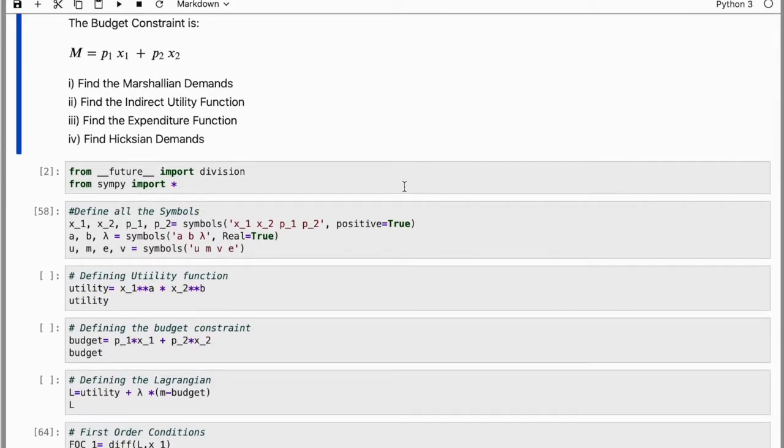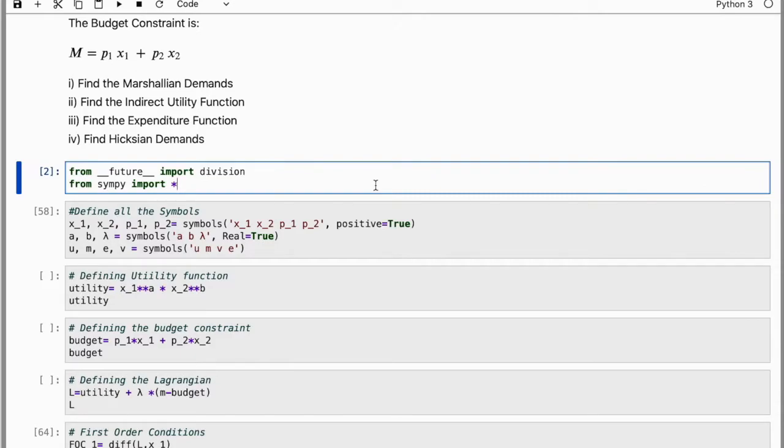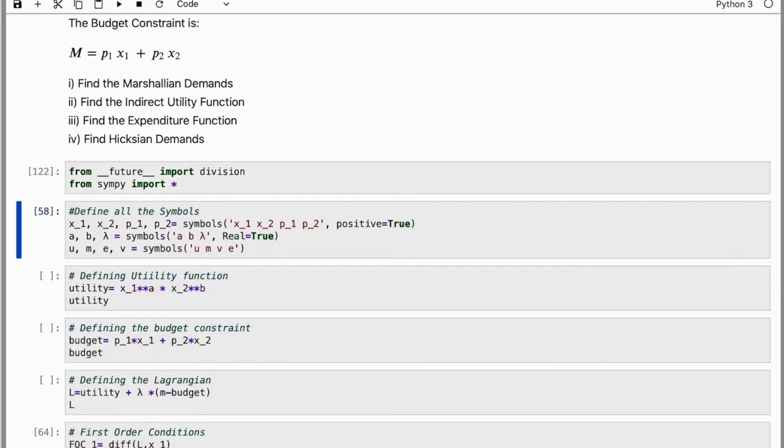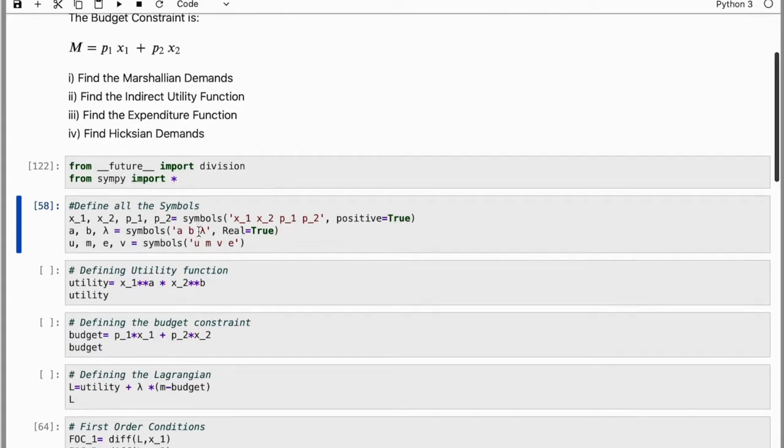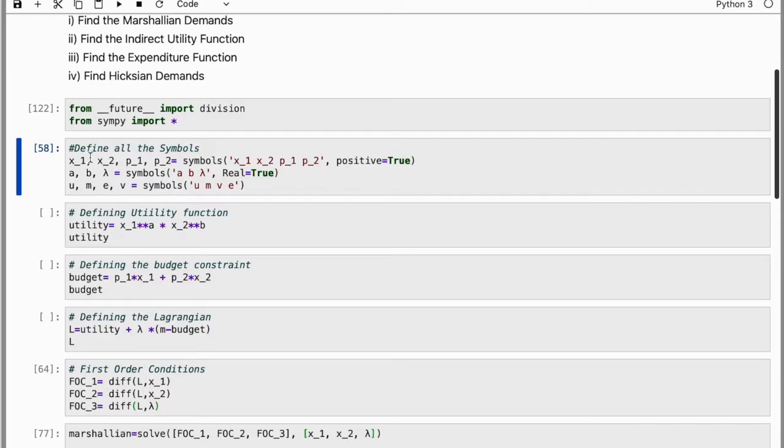So we start our work by importing all the relevant packages that we need. For this problem, I'm just going to import the division, the rational division, and all the modules that are present in Sympy. Then once I have imported Sympy, I'm going to define all the symbols that we need to do this exercise.